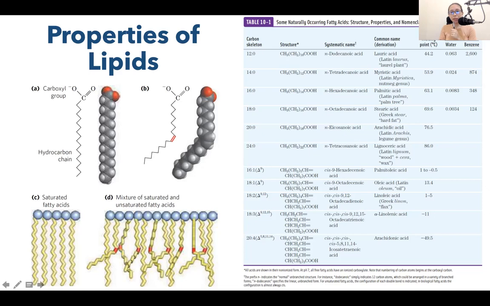In fact, if you look at the solubility in benzene, as the chain lengthens, the solubility decreases. So hydrophobicity doesn't exactly explain the behavior of the melting point. It's more about the strength of van der Waals forces.